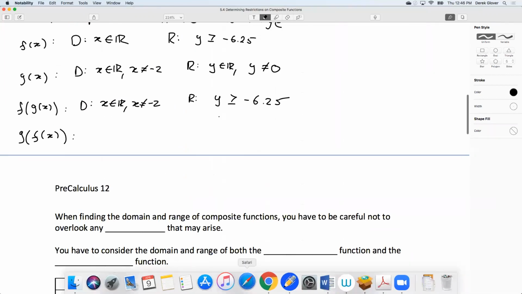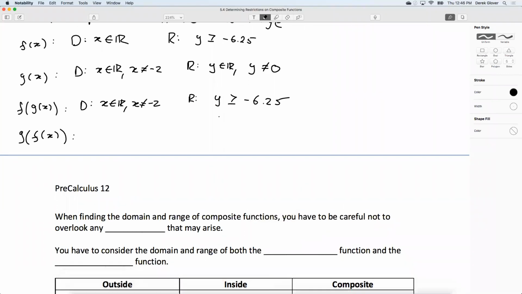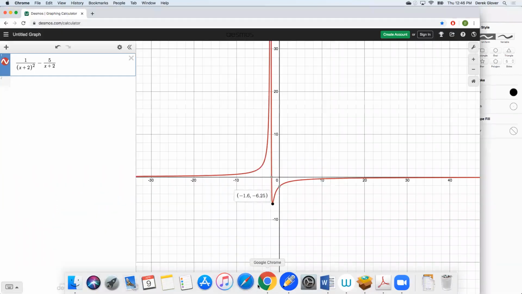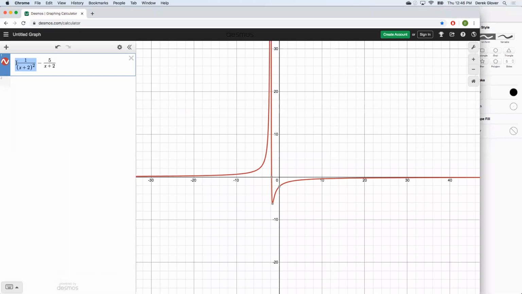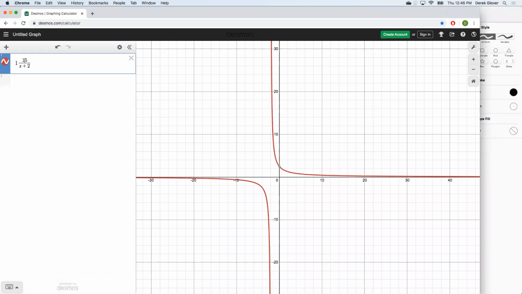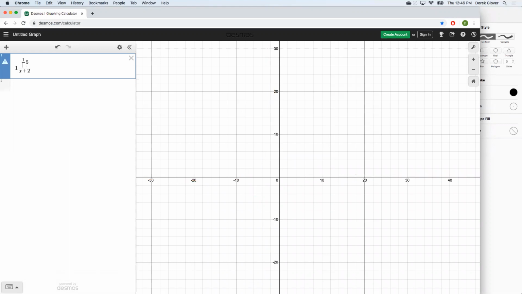So let's graph this. So the function itself is 1 over x squared minus 5x plus 2.